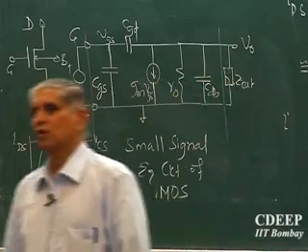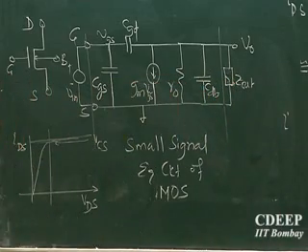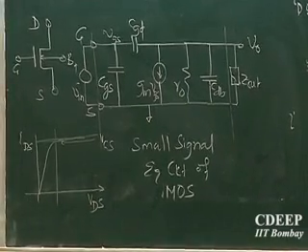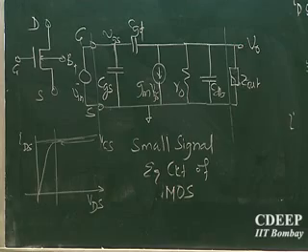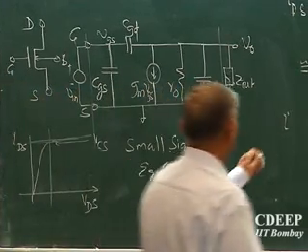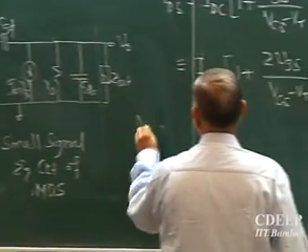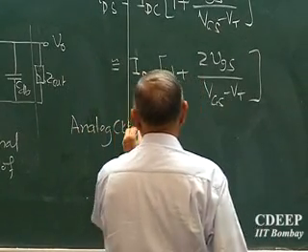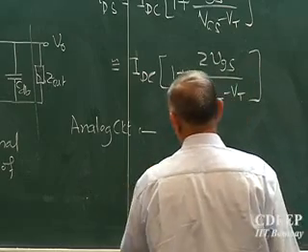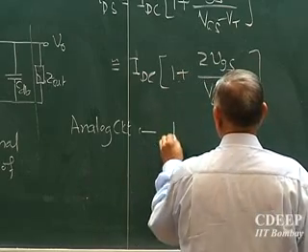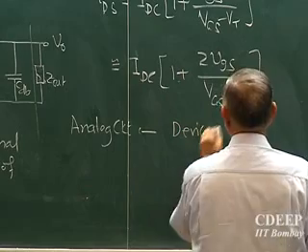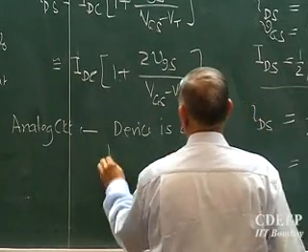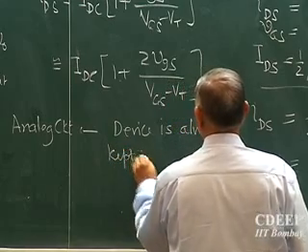In the case of analog circuits, transistors will always be in saturation. Is that word clear? Please note down, this is very important for us, and that's why we are doing all this. For analog circuits, that is for amplifiers or any other circuit related to analog, the device is always kept in saturation.